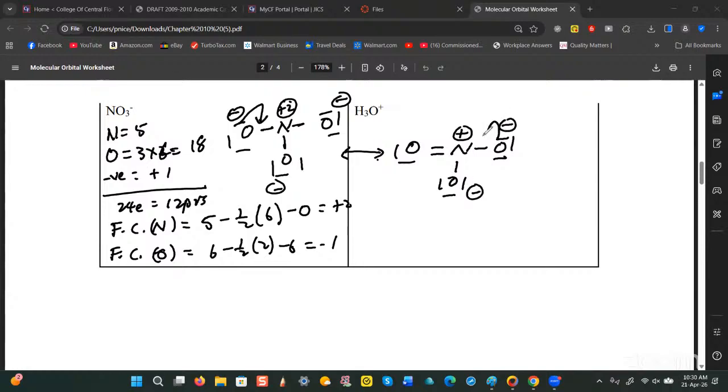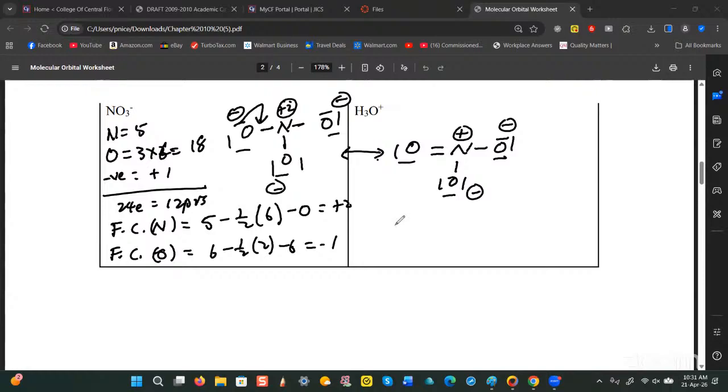Why can't you do this? It's because nitrogen is in period 2, and only atoms in period 3 and below can have more than 8 electrons on their outer shell. So you cannot do this. Therefore, this is the final Lewis structure for the nitrate ion.